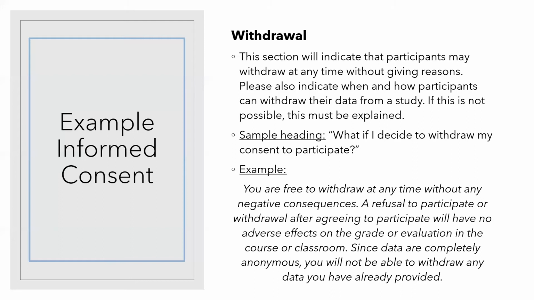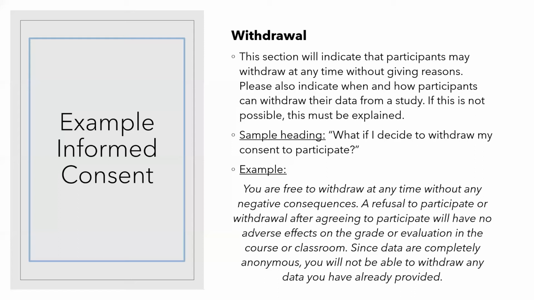An example of why this wouldn't be possible is if the data was entirely anonymous. If that's the case, we wouldn't be able to tell which data was from the participants who wanted it withdrawn. So if you anticipate your data to be completely anonymous, i.e. no identifying information is collected, so no demographics at all, no birth date, no participant address, anything that's very identifying, you need to state that participants can withdraw at any time during their actual participation, but once they've given their data, they will not be able to withdraw it from analyses.